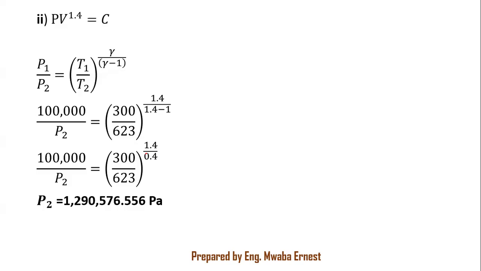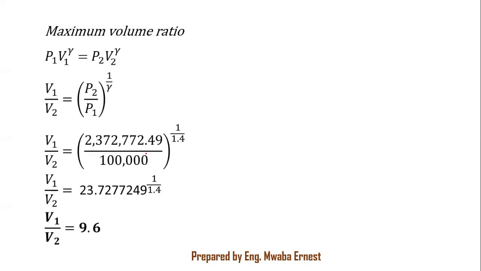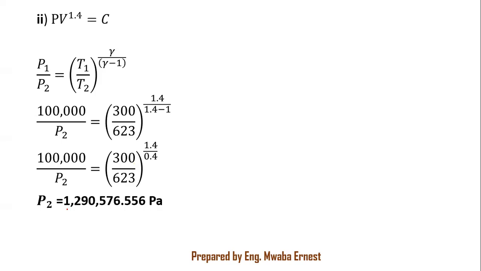But we are not done. What about the volume ratio? The same thing. For the volume ratio, P1 V1 is equal to P2 V2. You make V1 over V2 the subject, then you have P2 over P1 raised to the power 1 over gamma. So V1 over V2 is equal to, in place of P2, we have the number you already found. Sorry, in fact, this one is supposed to use the number 1,290,576.556. This is the one we're supposed to put there.